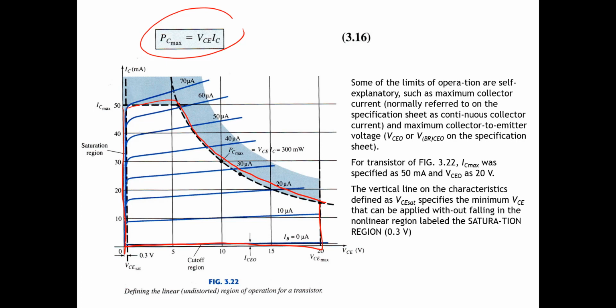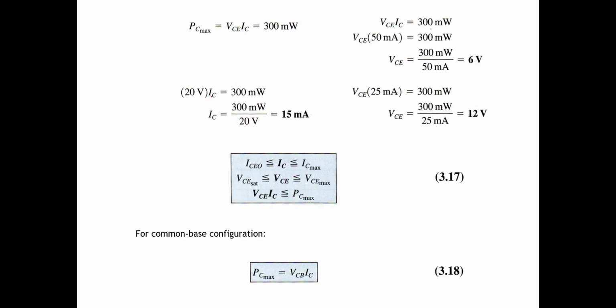If we use a voltage of more than 20 volt of VCE, or IC in the shaded area like this one, it is not safe for the BJT, because it is over the limits. So we have to keep the characteristic of the BJT in the safe operation, the white area.